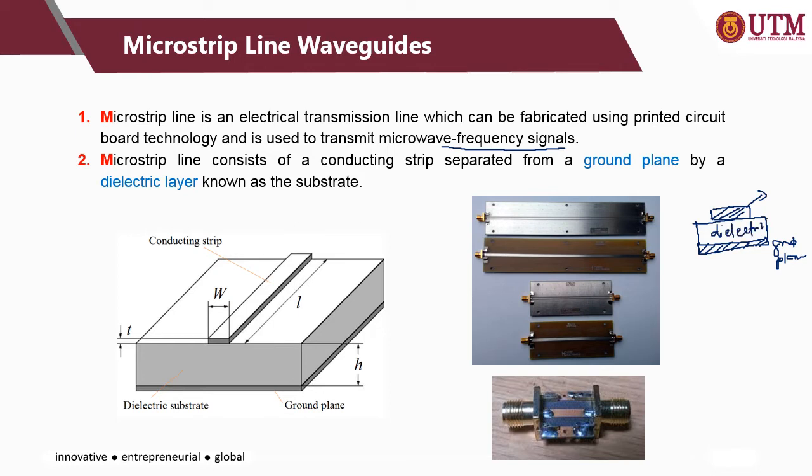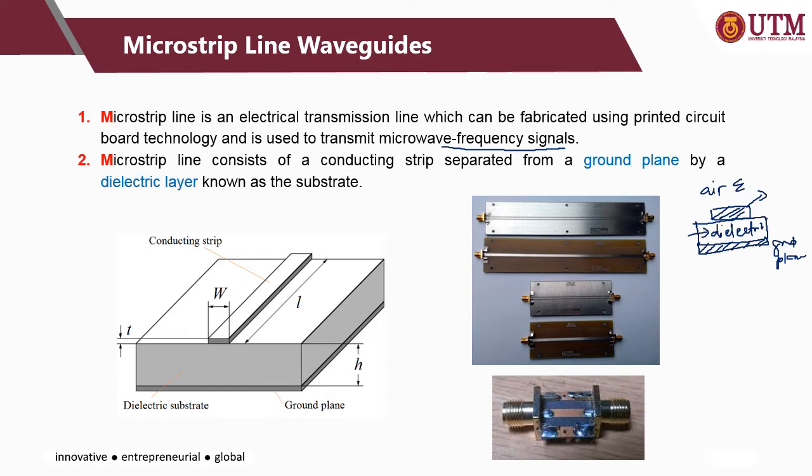The dielectric material could be FR4, the standard PCB board, Rogers, or even textile material, depending on the application. Inhomogeneous means that the material above is air, which has a different relative permittivity or dielectric constant compared to the dielectric material. So the wave in the microstrip line propagates through different properties.